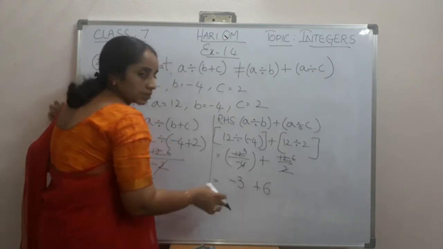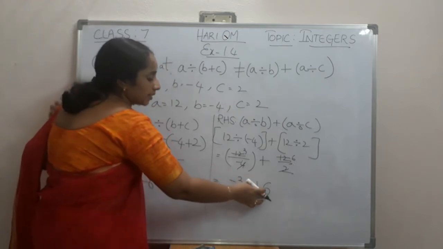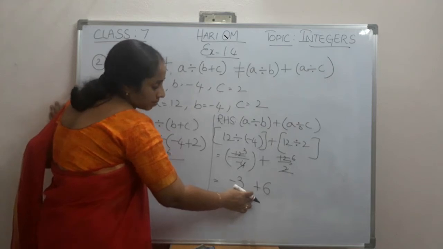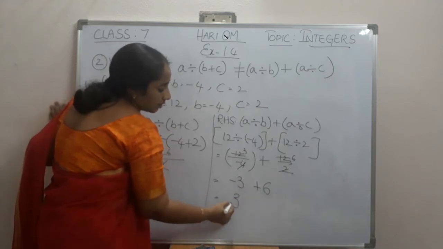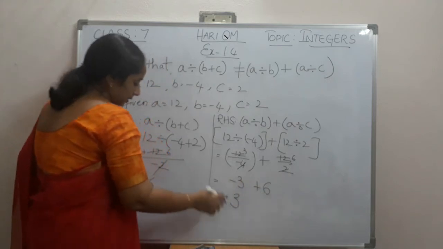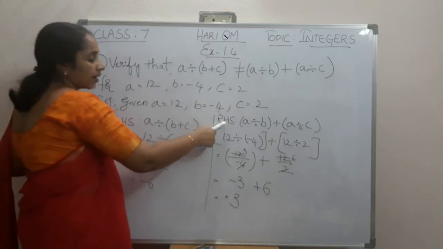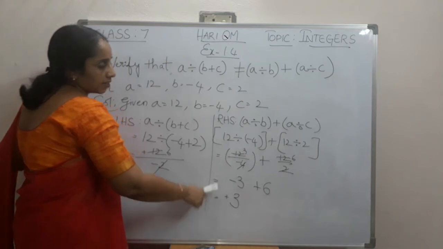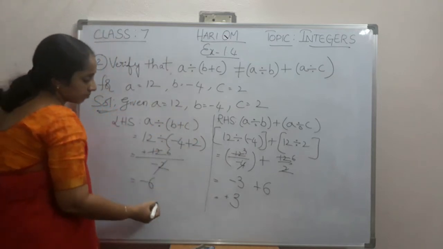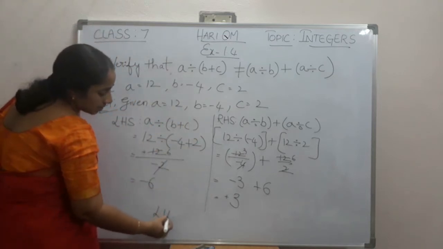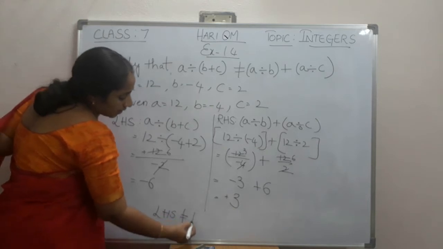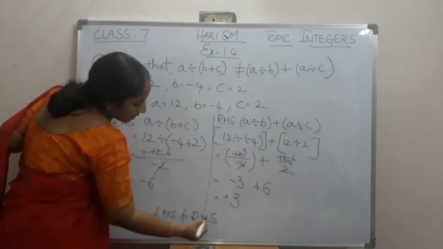Different signs, we should subtract. The greater one is 6, its sign is plus, so plus 3. Here LHS is minus 6 and RHS is plus 3. So LHS is not equal to RHS.